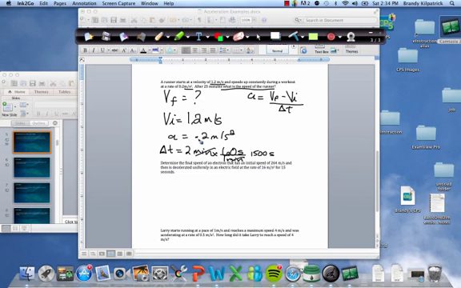So acceleration is 0.2. My final velocity is unknown. My initial velocity is 1.2. And my delta t is 1,500. Okay, so now I need to go ahead and solve for this.